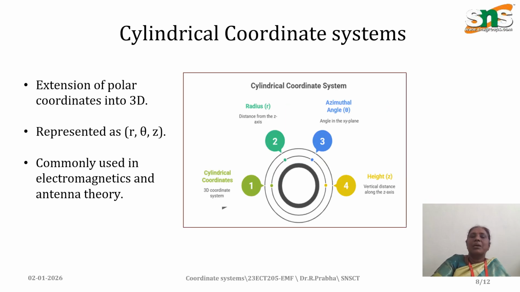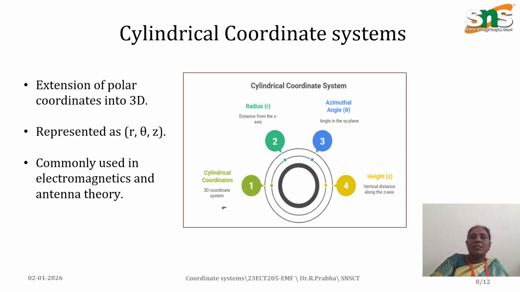The second type is the cylindrical coordinate system, applicable to shapes which have circular symmetry or cylindrical shapes. This is the extension of polar coordinates into three dimensions, represented by the three quantities r, theta, phi.